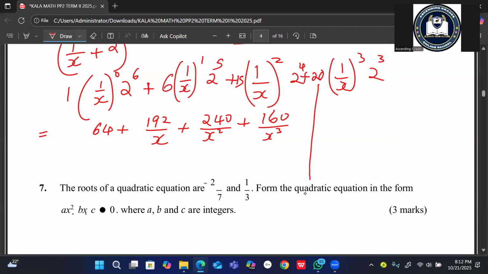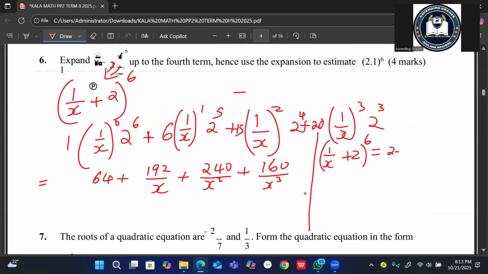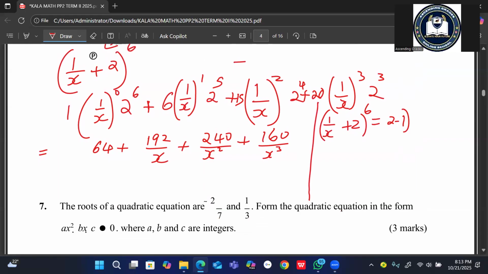So we go to the other bit. So 1 over x plus 2 power 6 should be equal to 2.1 power 6. We have been told to find 2.1 power 6. So after solving that one, you get that your x is 10. Now substitute your x here, 10.